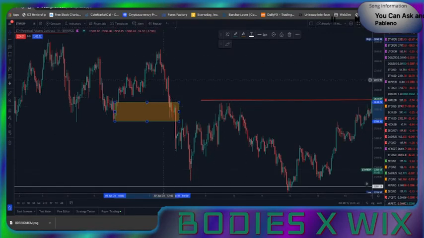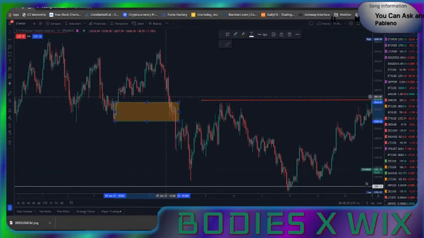But if it doesn't do a bullish engulfing and drops through, and now you're in the negative, maybe see if you can get another push out of it like here, and then get out as soon as you can.